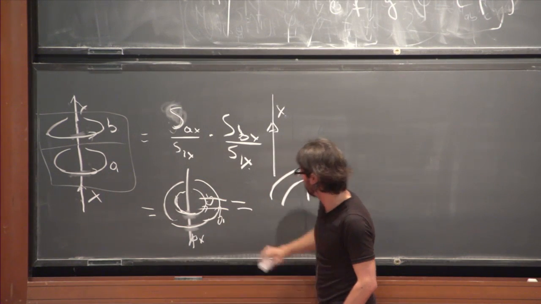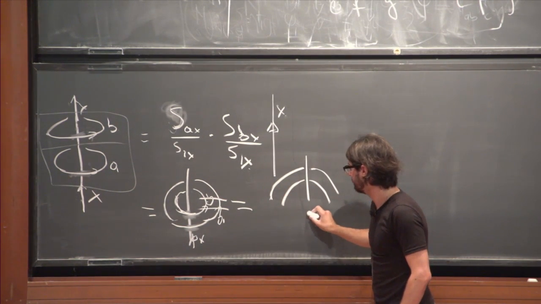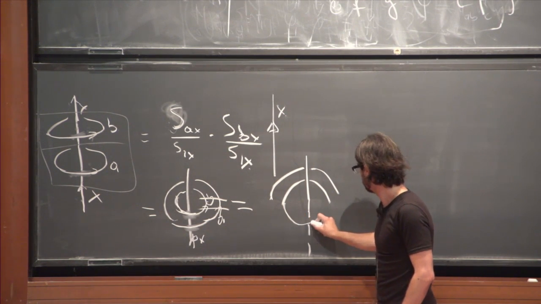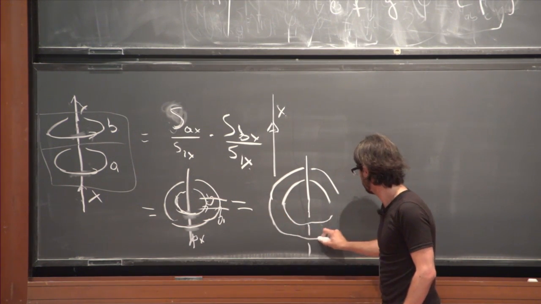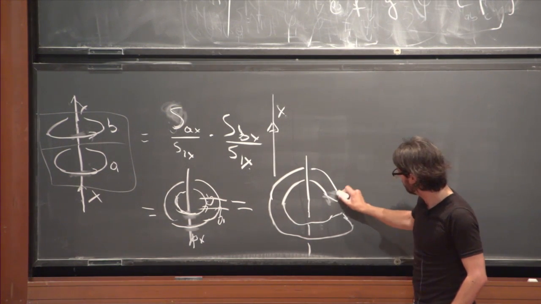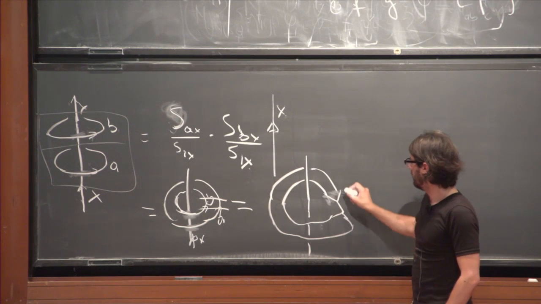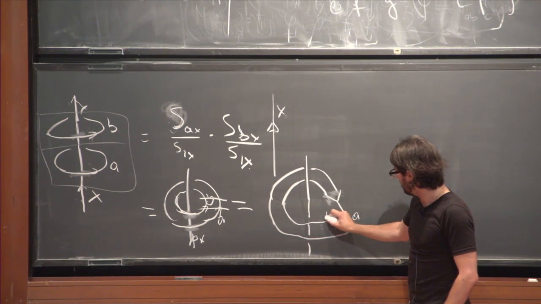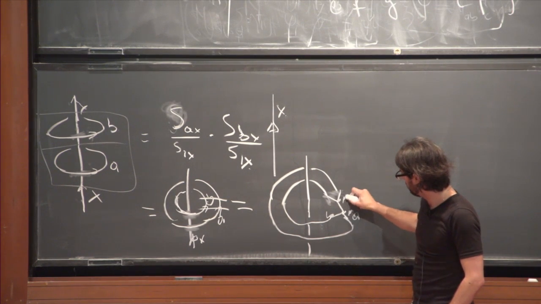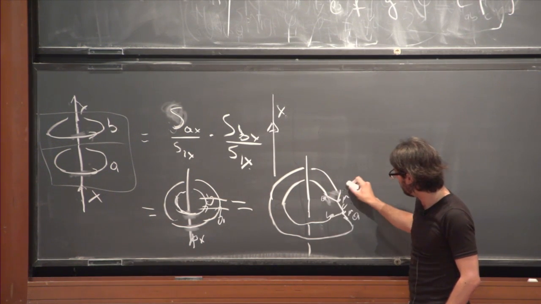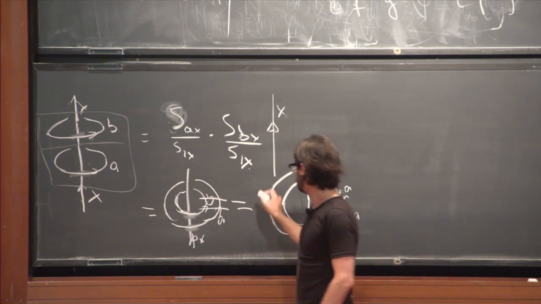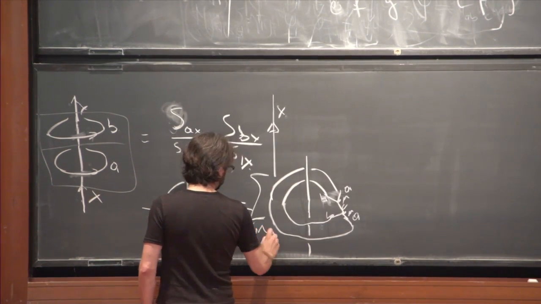Introduce it here. A, B, mu, C, A, B, A, and this is a sum over C and mu.